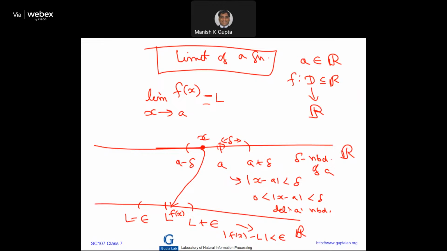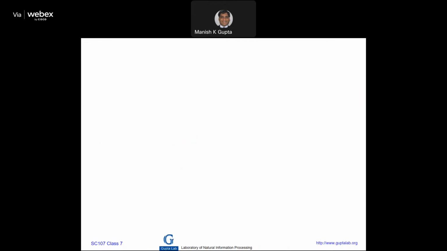So formally, we can write down this definition as: the limit of f of x as x tends towards A is L if for every epsilon positive, there exists delta positive.